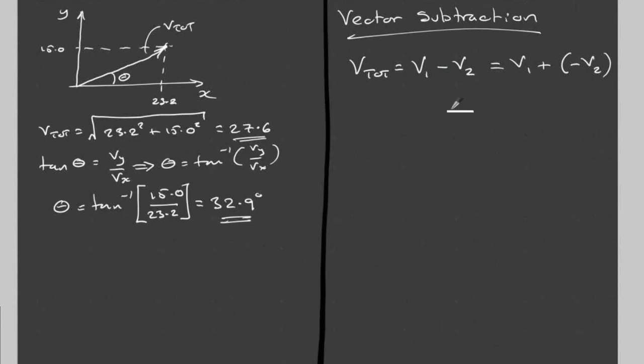Let's just briefly draw x and y axes. Imagine I have a vector v, then the minus vector has the same size, but it has the opposite direction.